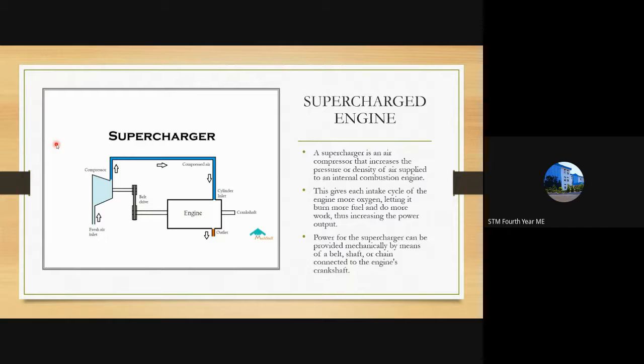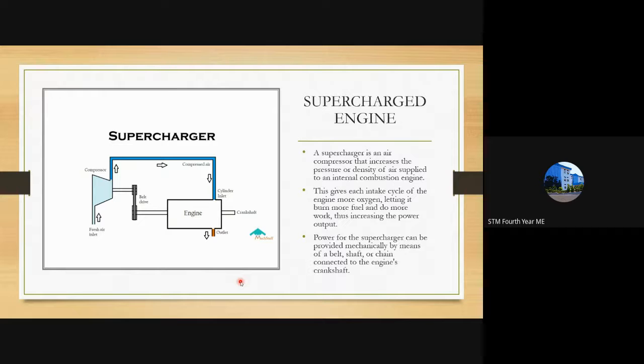In the same way, the compressor of a supercharger, or the supercharger itself, has a vane which rotates by the power provided by this belt drive, and it sucks in the air from the atmosphere, compresses it, and sends it to the engine. Okay, it compresses the air coming inside. You can see the fresh air coming here. It compresses it and then sends it inside.